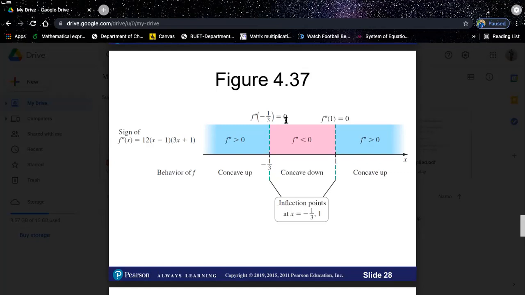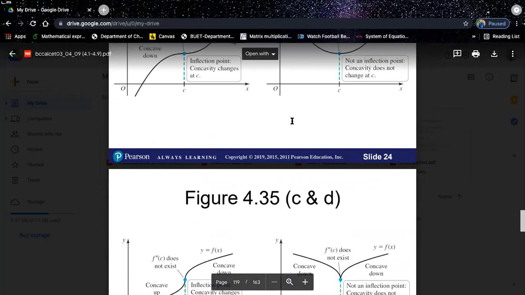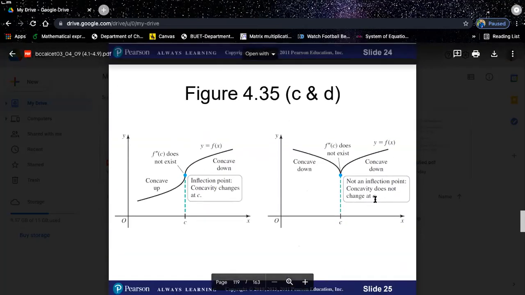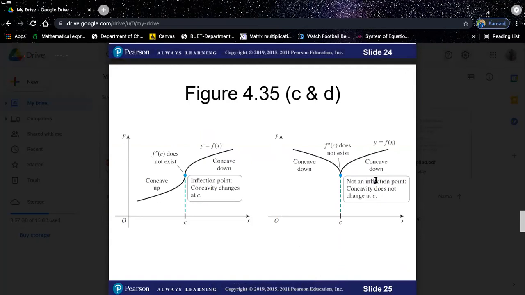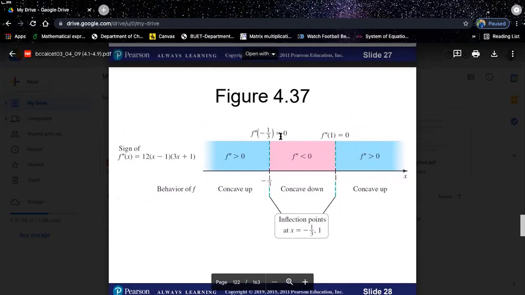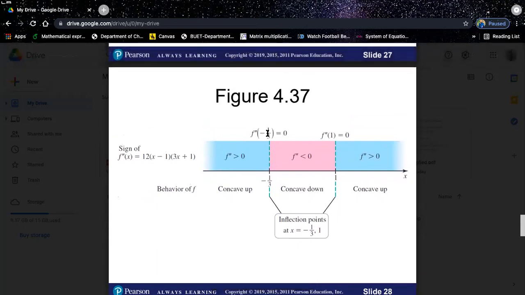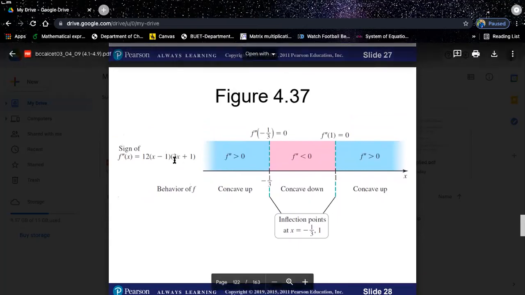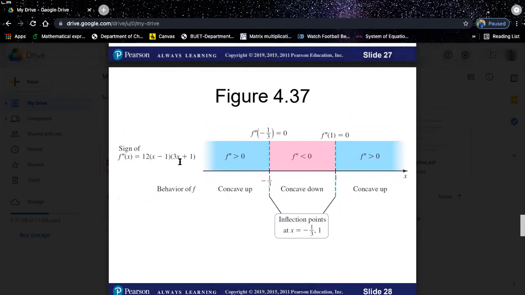If we set this to 0 and solve it, it doesn't necessarily give us an inflection point. We have seen this, right? We may find a point where there is no inflection. So if we solve it and get values like -1/3 and 1, it doesn't mean there has to be an inflection point there.